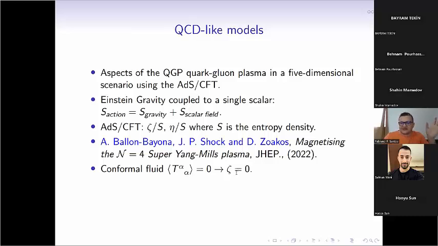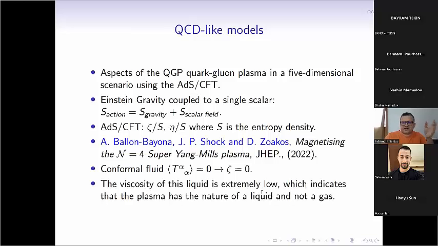It is very interesting because we have a conformal fluid. But this conformal fluid implies that the energy-momentum tensor is traceless, and this implies that the bulk viscosity is zero.